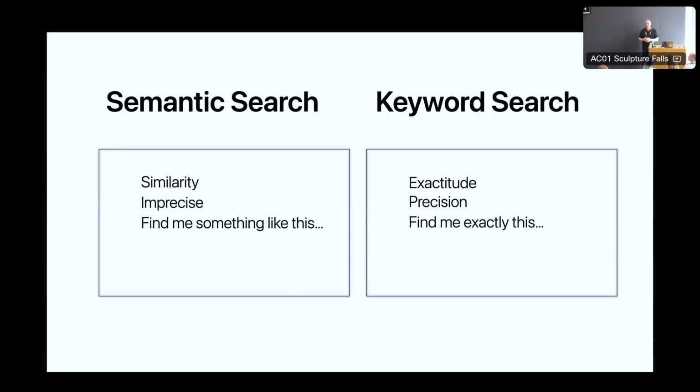So semantic search basically works on the basis of similarity. It's imprecise, and you could view it as saying, find me something like this. Whereas keyword search is very precise, it's exact. It's saying, find me exactly this.